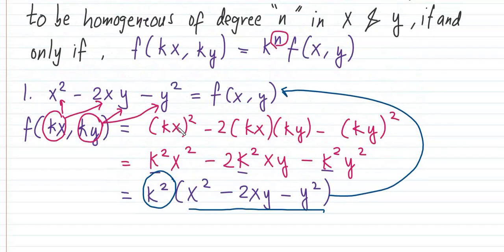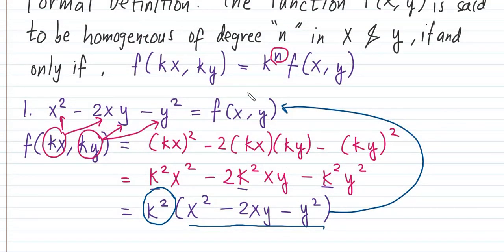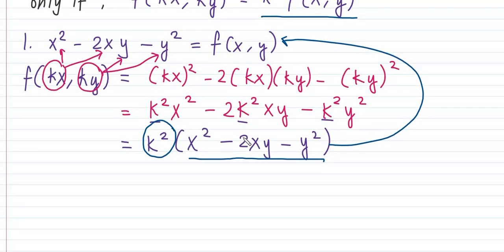So I already satisfied the definition that a function is said to be homogeneous of degree n if and only if this definition is satisfied. So the answer for number 1 is yes, it is homogeneous and the degree of the function is equal to 2. Let's go to our next example.